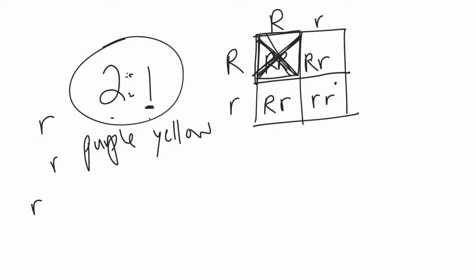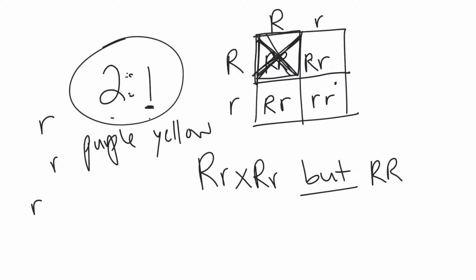So what that's making you think is that you have 2 heterozygous parents, but RR is dead, meaning that the offspring that were to be RR never make it, so you never see them in the ratios. So there's your parents, but RR is dead, so that's why you get the 2 to 1.